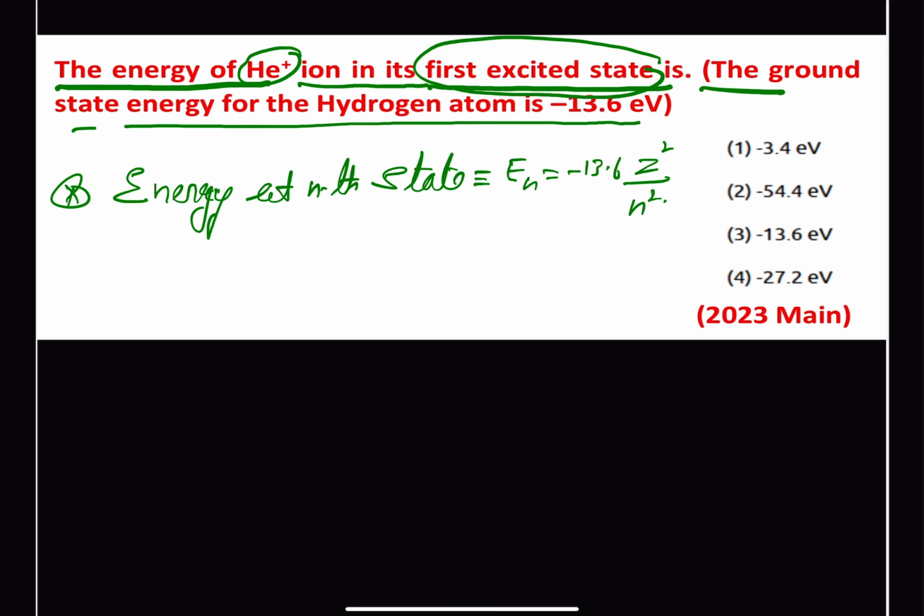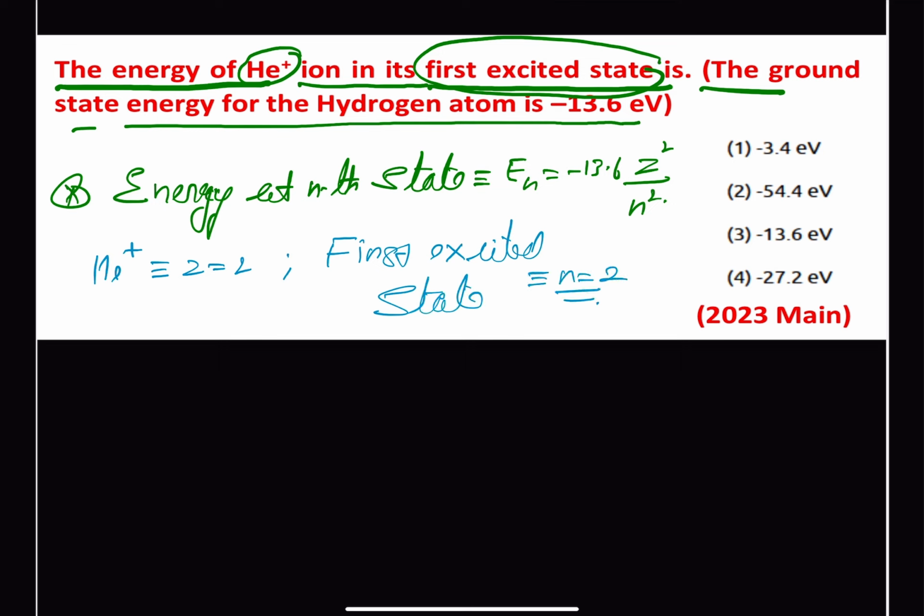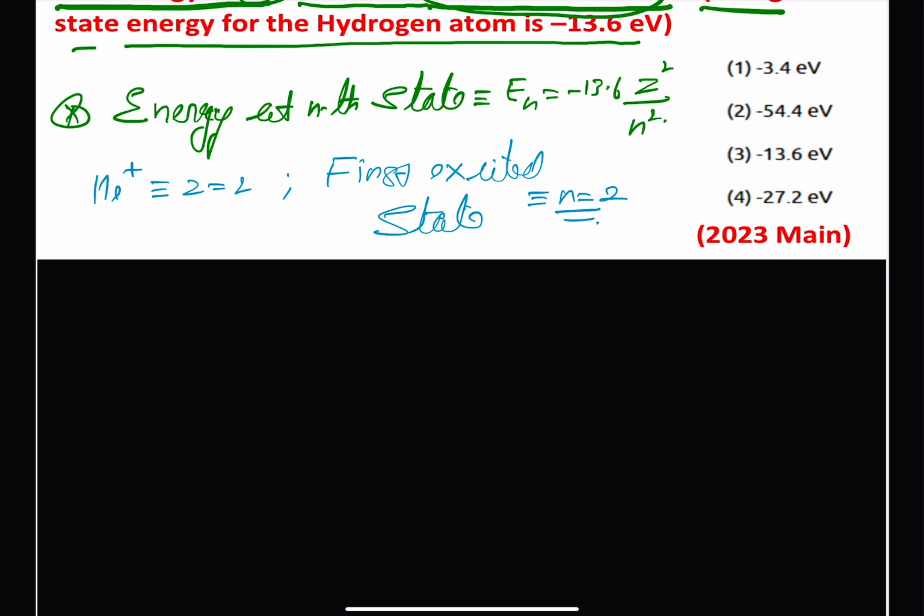And we are given He1 positive, for that value of Z is equal to 2, and we are given first excited state, so therefore value of n is equal to 2.